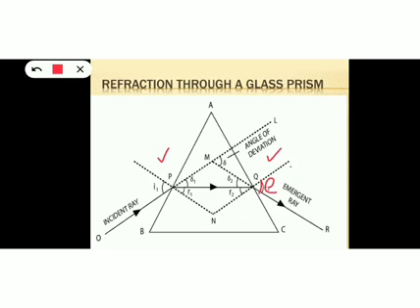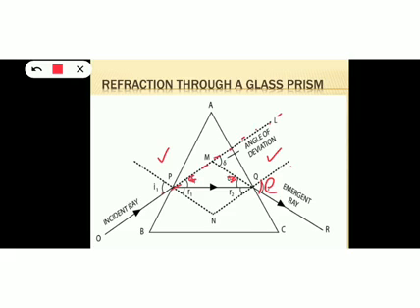Now here you can see an angle is formed. No need to consider all these angles, that is delta 1, delta 2. Now you just extend the incident ray and the emergent ray backwards. So this is the incident ray, and just extend it backwards like this.